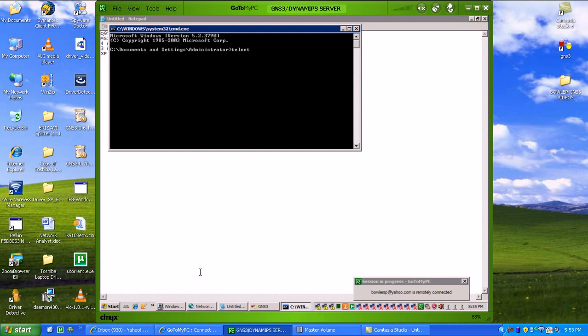So if for some reason in GNS3 something goes wrong with the in-band connection, I've got a backup plan where I can get in out-of-band to my switches if I need to do more troubleshooting.